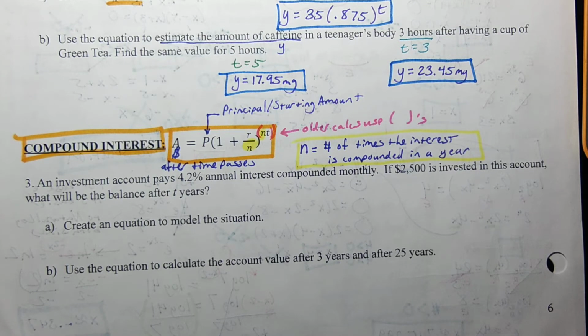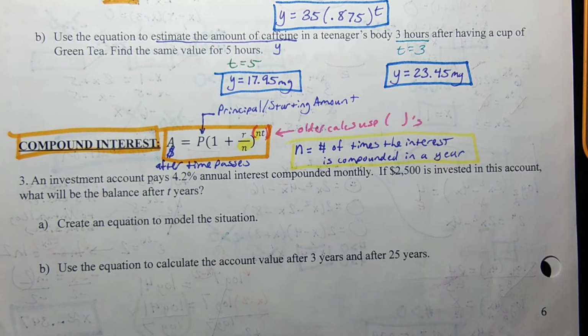It took me a while to memorize 52 weeks in a year. Now what if I said annually? How many times per year is annually? Once. What about semi-annually? Semi-annually and biannually mean twice a year, so that one's a little bit trickier. But typically, that's going to be what your N is given to you as. It's how many times it is getting compounded.